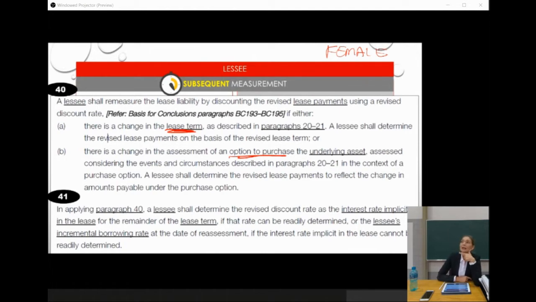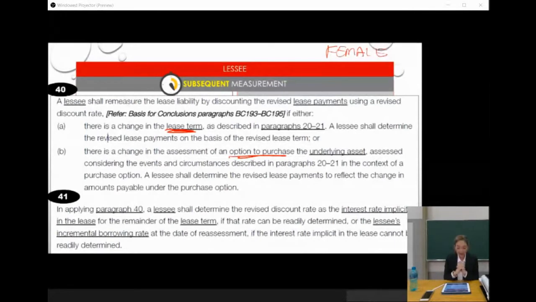At the beginning of the lease, we said, no, I'm not going to use that option. I'm going to just have the shorter lease term. Then somewhere during the lease term, you go, an option to extend the lease term, I like that, I think I'm going to use that. So we are changing our minds.